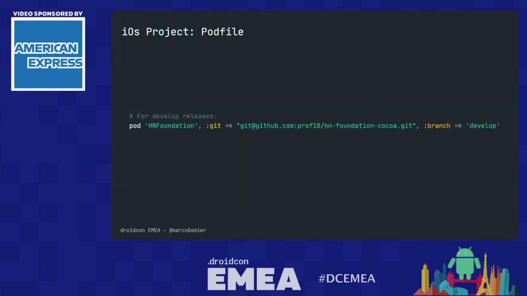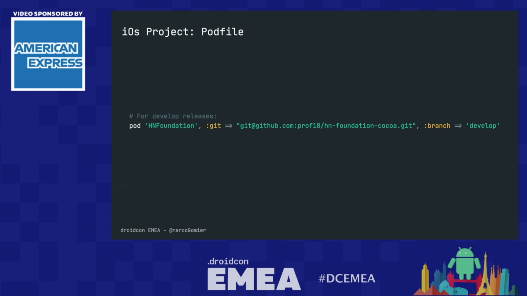We can tell our iOS project to use that library. And this is the same as saying implementation, blah, blah, blah, in the Gradle file. And in this case, we are telling Xcode that we want to use the HM Foundation library that can be found in a specific Git repository. And in this case, you have to use the develop branch.